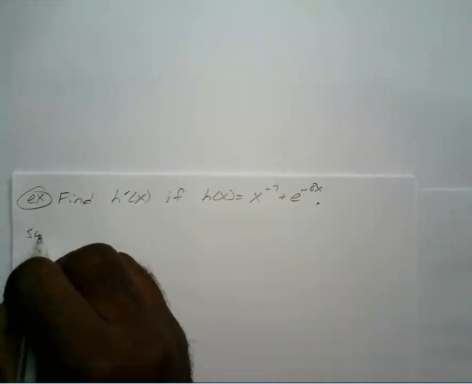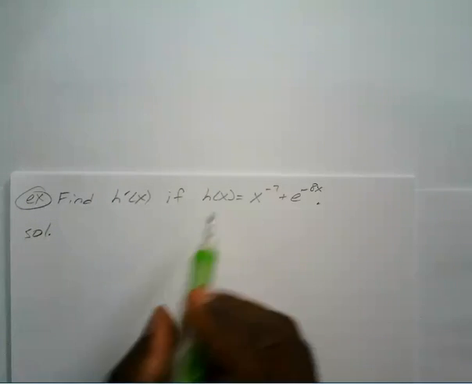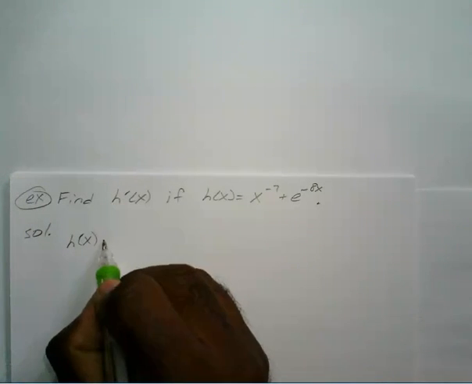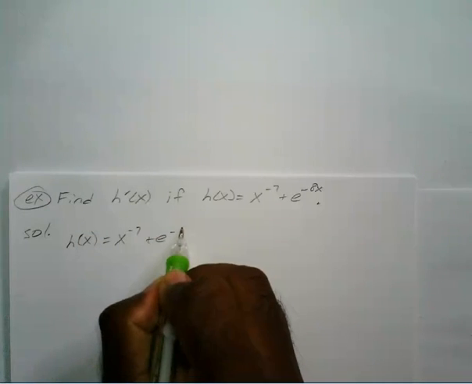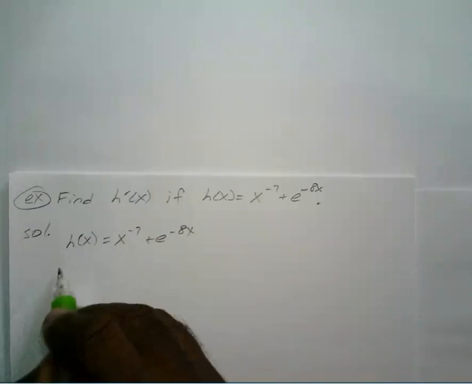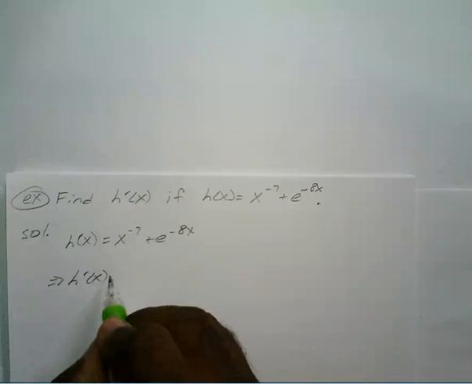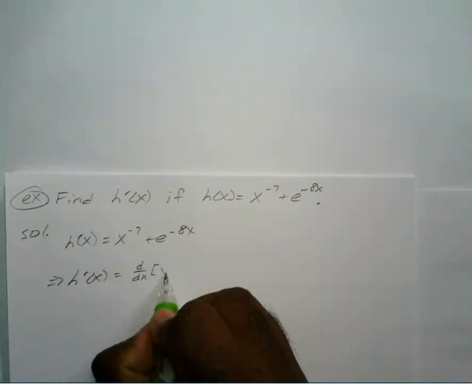Alright, let's go ahead and solve that. Let me write down the original one first: x to the negative 7 plus e to the negative 8x. To find your derivative, you want to find the derivative of each term.